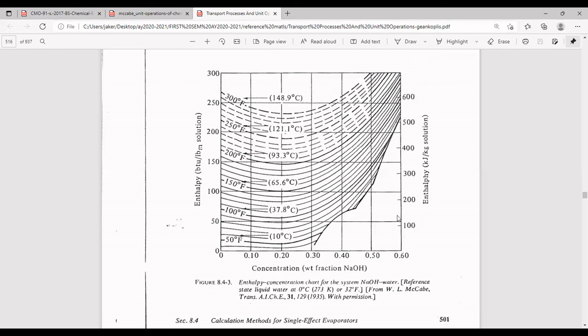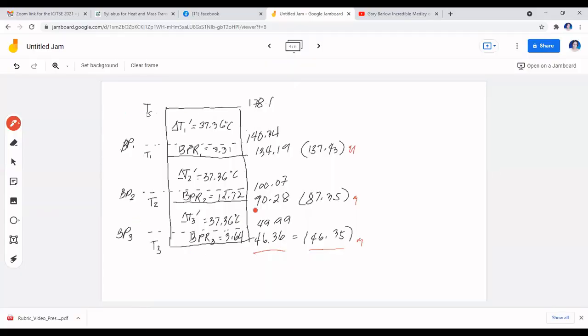Okay? The rest of the steps that you will employ will be the same as the steps that I have already outlined to you when we were processing a negligible boiling point rise problem. So we only added steps in this particular problem because of the BPRs. The first checking that you will do is to check whether the new B1, B2, and B3 are comparable to the first assumed B's, which are equal.